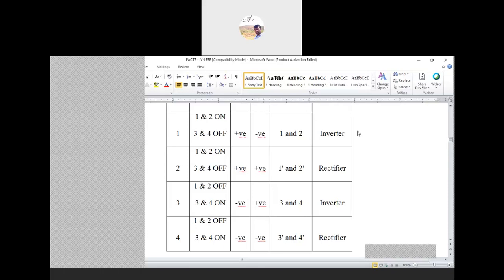Now considering the phasor diagram for the voltage and current, the current lags the voltage.